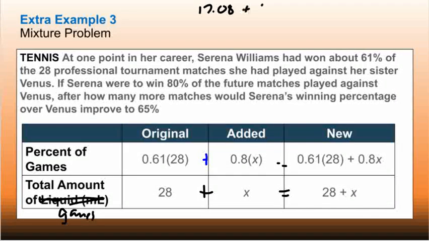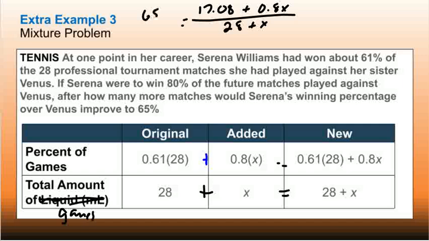plus 0.8x. This is going to be divided by 28 plus x. And this has to equal 65%. So 65 over 100. So the least common denominator is 100 times 28 plus x.